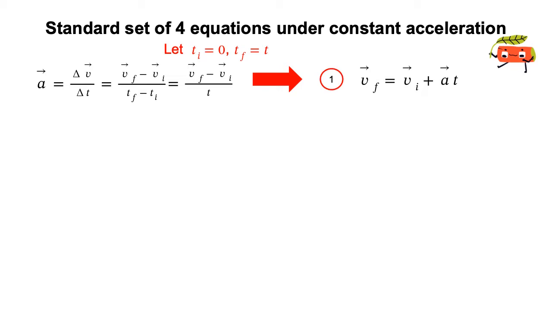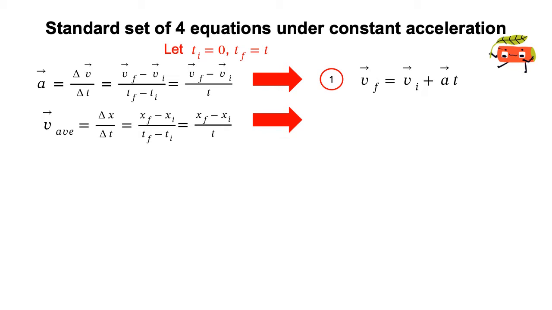Next, we recall our expression for average velocity. This is displacement, or change in position over change in time, equal to x final minus x initial over time t. Rearranging it, we now get the second standard equation to be x final equal to x initial plus average velocity times t.